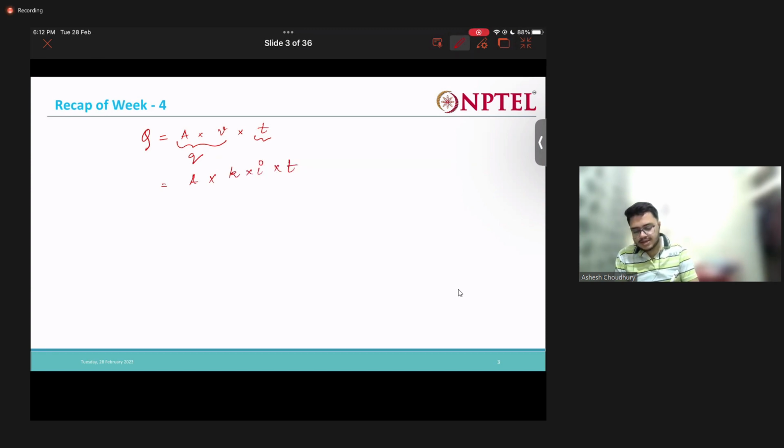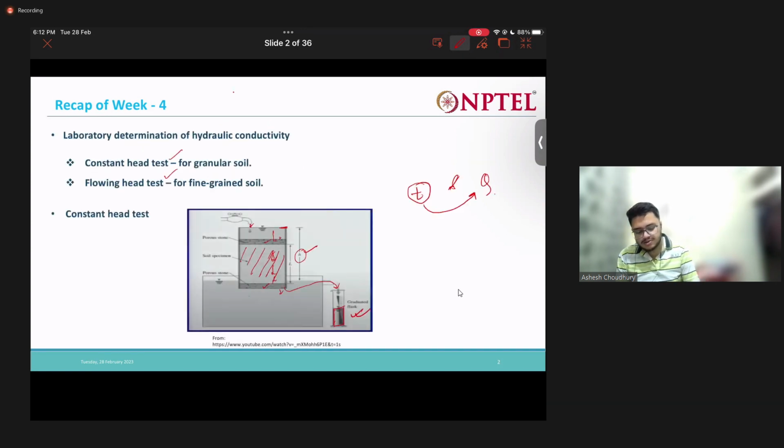Here k is my hydraulic conductivity or the coefficient of permeability, and i is my hydraulic gradient. What is my hydraulic gradient? My hydraulic gradient is nothing but the head loss divided by the length of flow. So my head loss, which is small h, divided by this length, which is my length of flow L, is my hydraulic gradient.